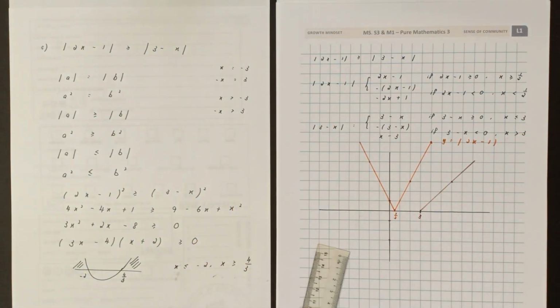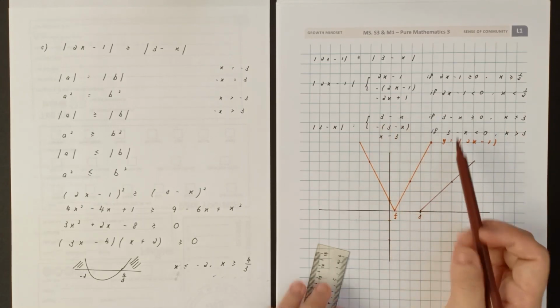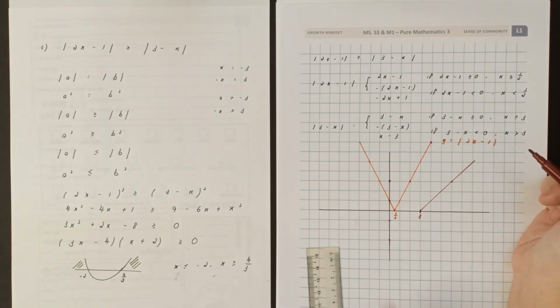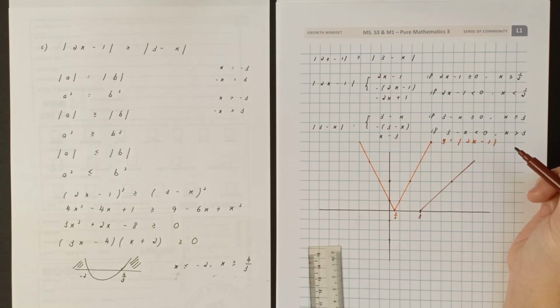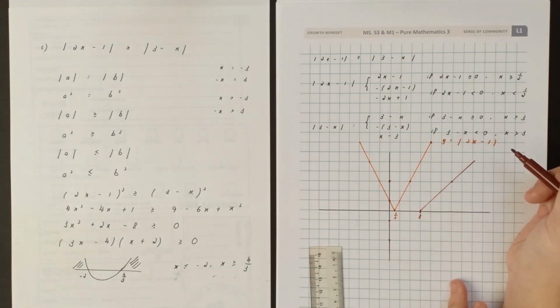Then now I'll draw the other part. When x is less than 3, I'm going to draw 3 minus x. So the intercept is at 3 here. Let me try to use the other line as well.